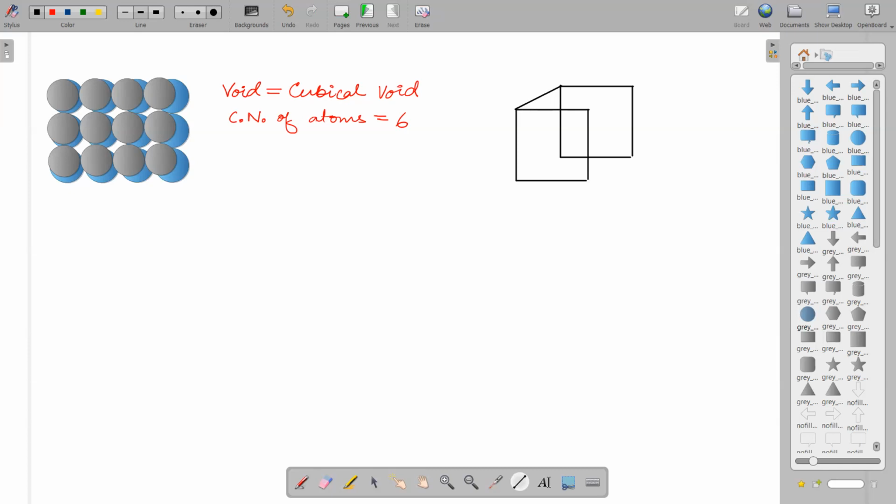Somebody has sent me a chat, but wait a second. I'm just drawing this. After drawing, I will look at the chat. So the down layer are the blue ones. Now let us draw the blue ones. This is blue, this is blue, this is blue, and this is blue. Top ones are black or gray.